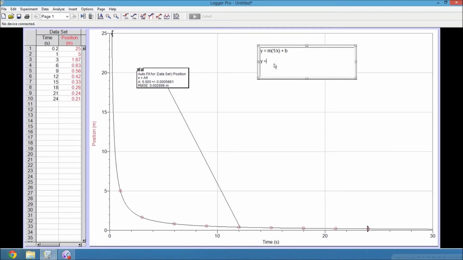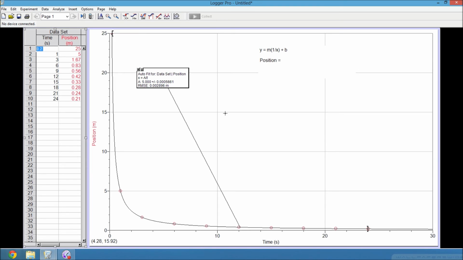So my y is going to be position. And again, we're stuck without an m value for what essentially looks like a linear function. If we can do y equals m, all of this is x plus b. So let's just do 1 over these values here. So remember the number 5.